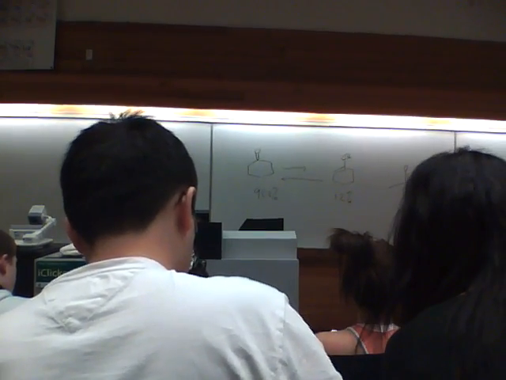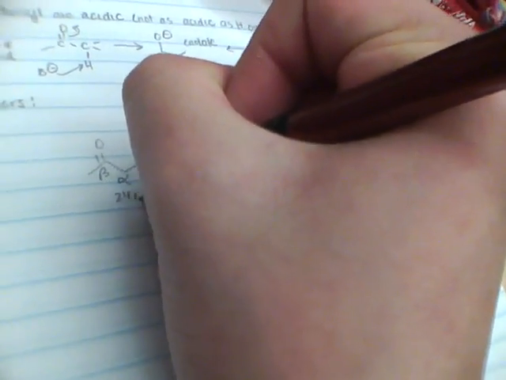And the reason why you have so much enol form there is that the enol is stabilized by hydrogen bonding within the same molecule, by intramolecular hydrogen bonding.